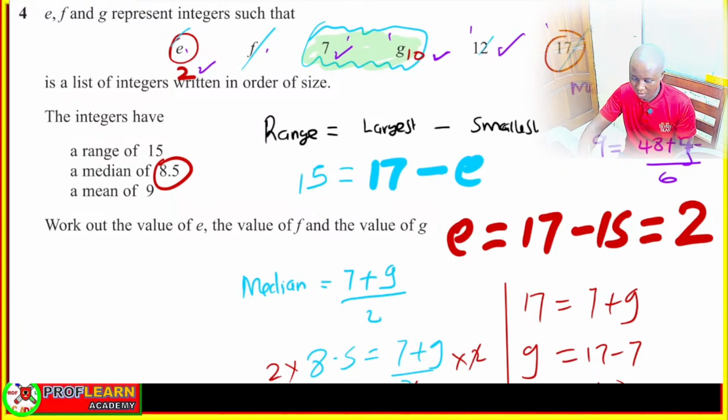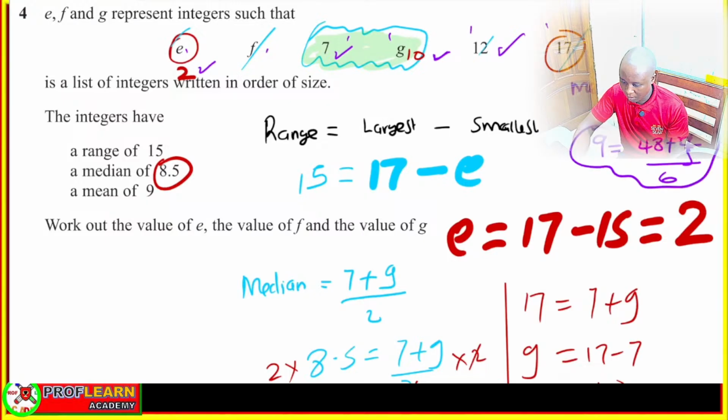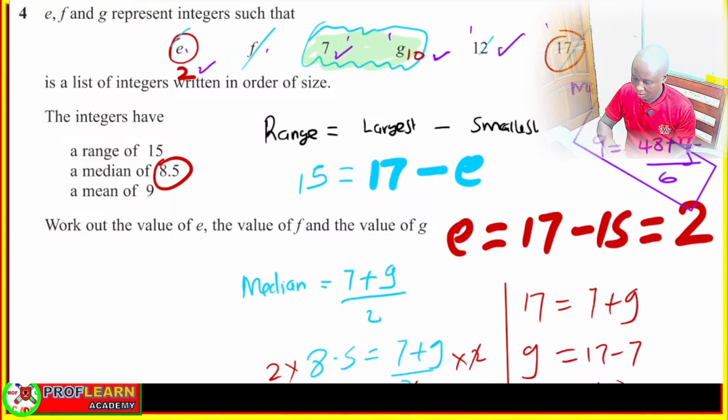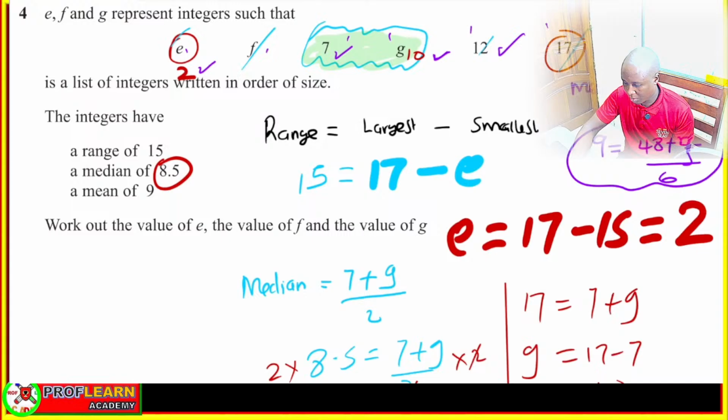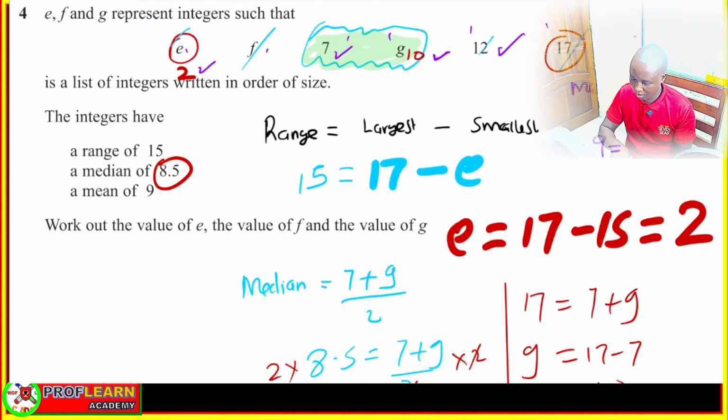No, I think I need to check what might have happened here, because the way things are looking, it will end in tears. So let me check. We are told that the mean is 9.